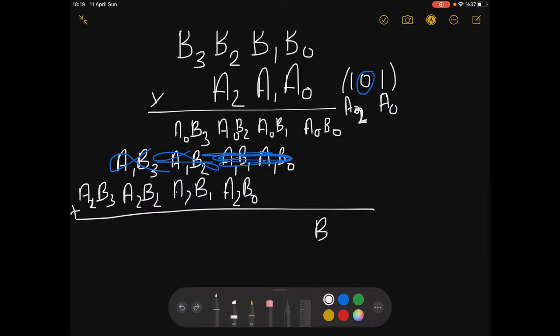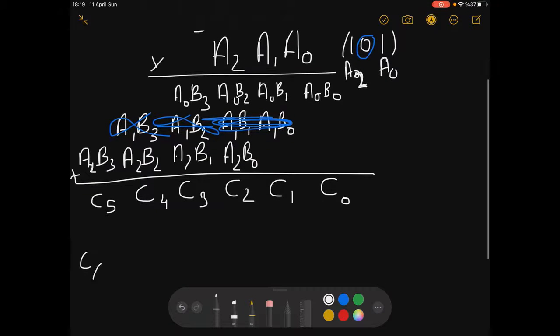Okay, let's say that these are your outputs: C0, C1, C2, C3, C4, C5, and finally your carry out here. This is your carry out. And what is your C0 here? It is B0. And what is your C1 here? It is your B1. And what is your C2 here?